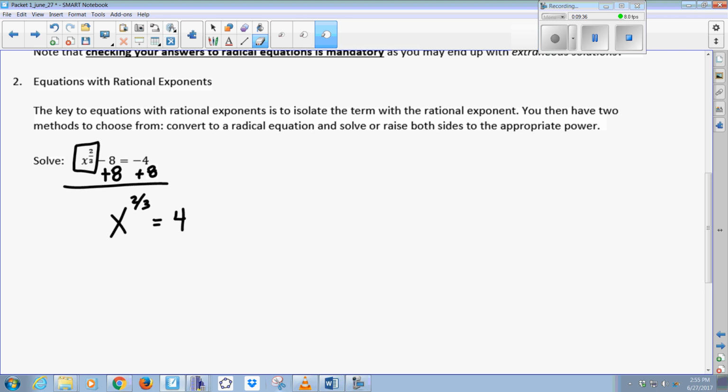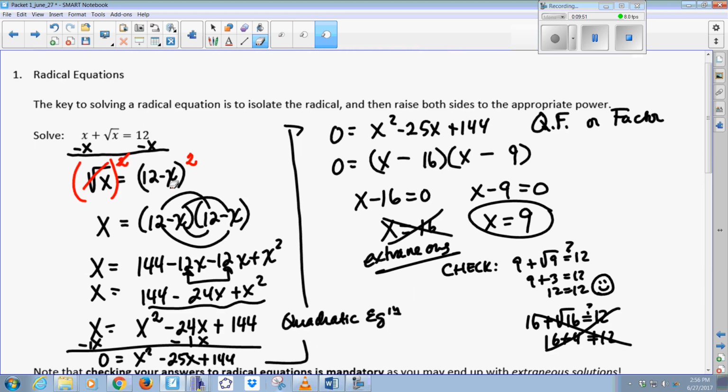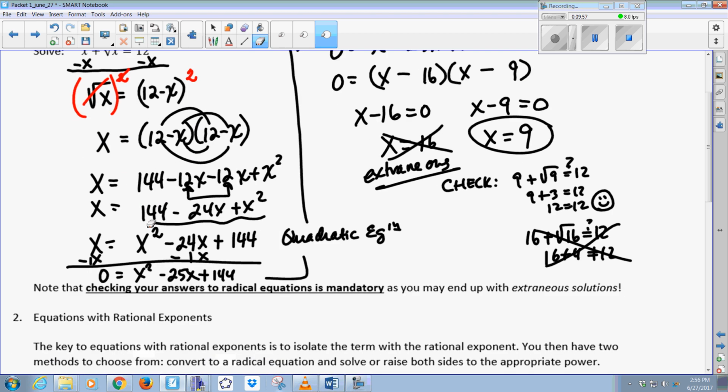Okay, so if you recall our preview activity, what we would like to do is to get x to the first power equals some number. That's our goal. So we have to figure out, just like we did in the problem above, when we had the square root of x, we could raise both sides to the second power to undo the square root.